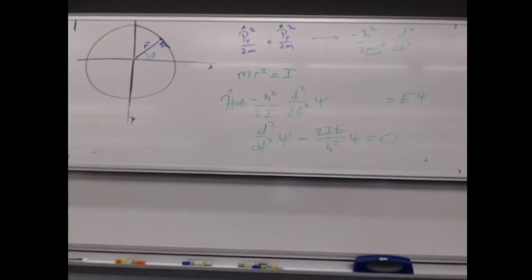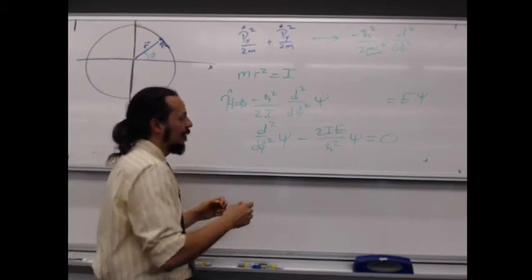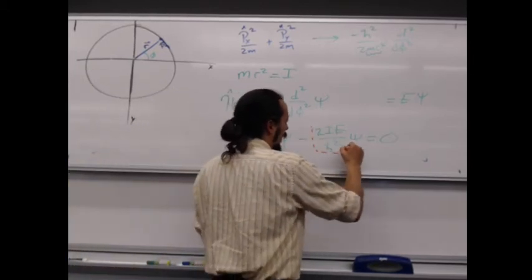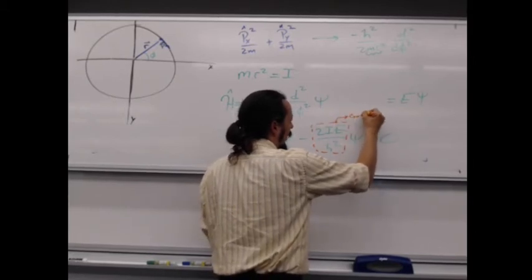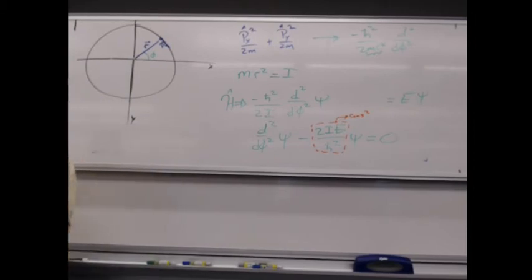Does that look familiar? I'm going to call that some constant squared. I don't want to use k again, right?